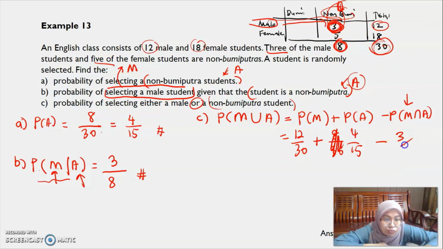So 3 over 30. Then you can simplify the answer. The final value is 17 over 30. So this is the probability of male union non-Bumi student.